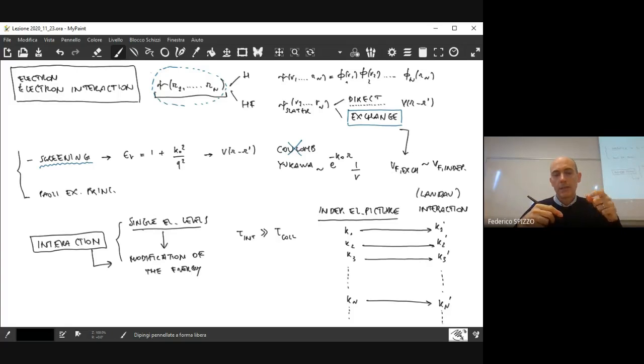So due to the interaction between the electrons in the system, the actual system is described by couples of electrons, not by single electrons. At this point, if you have a system that is described in terms of couples of electrons and not of single electrons, that system cannot be obtained starting from the single electron picture just with a slight perturbation, because the configuration of the system is completely different.